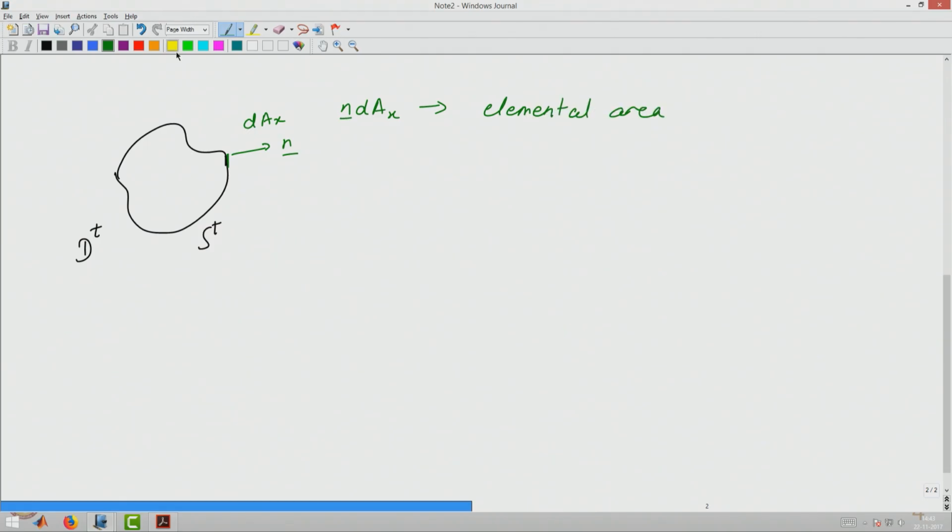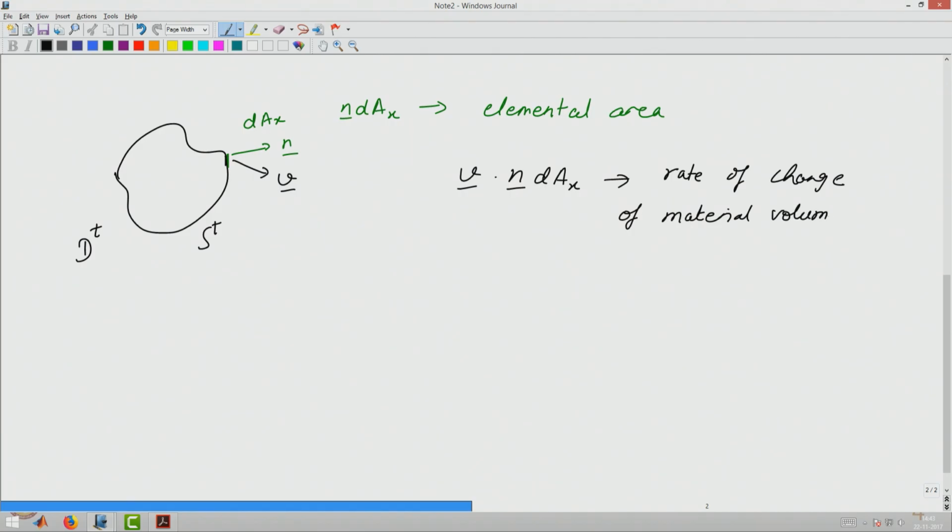And now if we see what the velocity is, let us assume that the velocity at this point is v. Therefore v dot n dAx is basically the rate of change of material volume at this point.